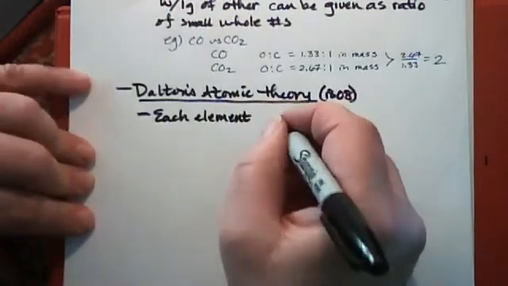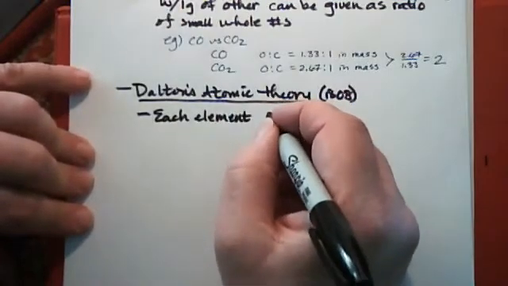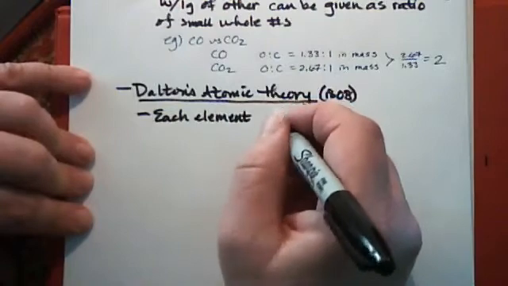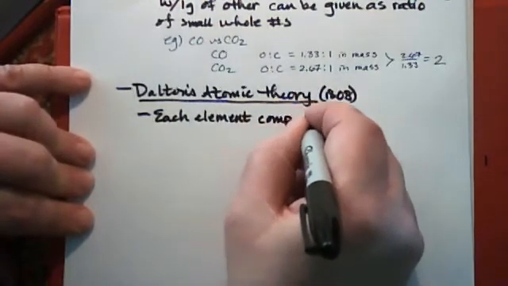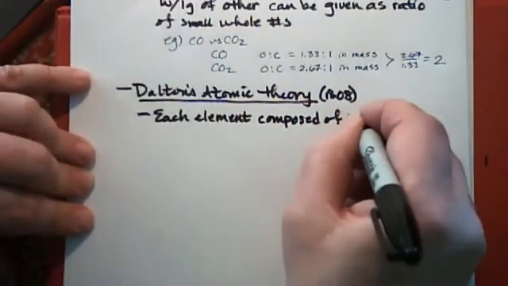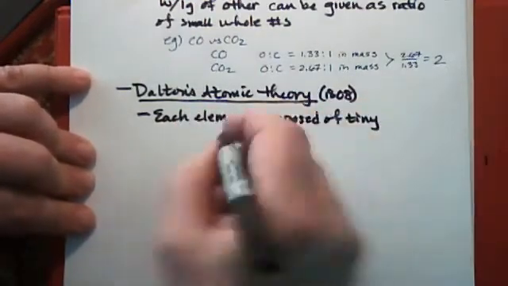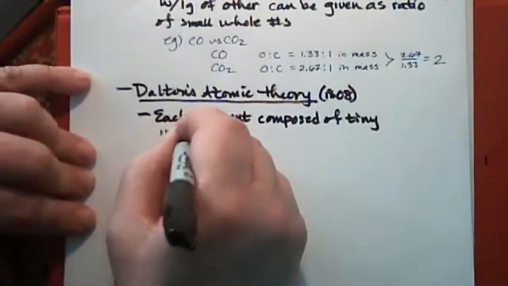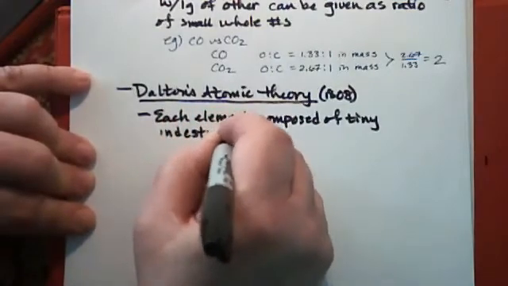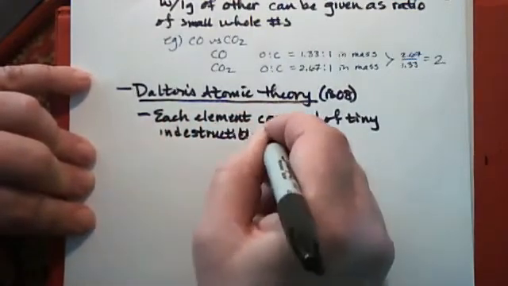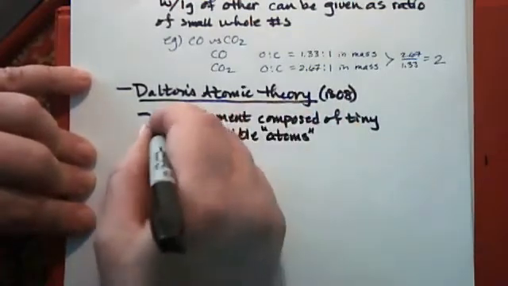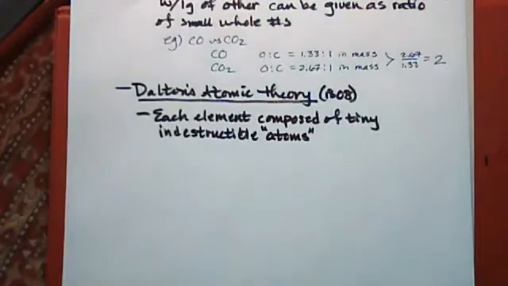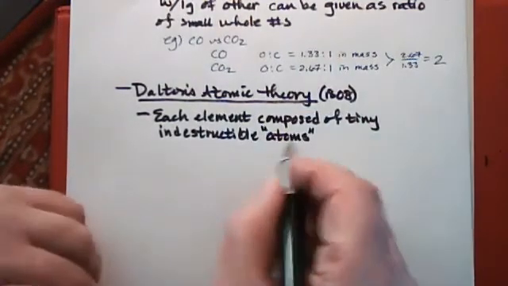So he theorized that each element is composed of tiny indestructible particles called atoms. He postulated that atoms were indestructible, and that's why he called them atoms.